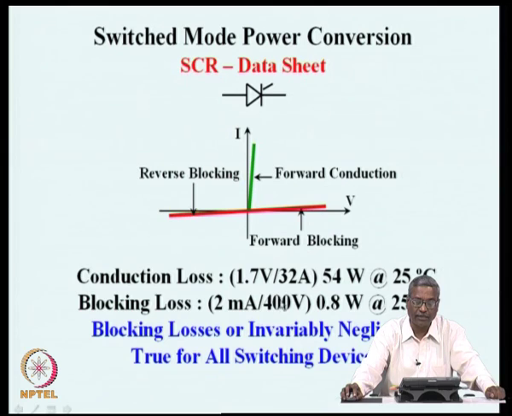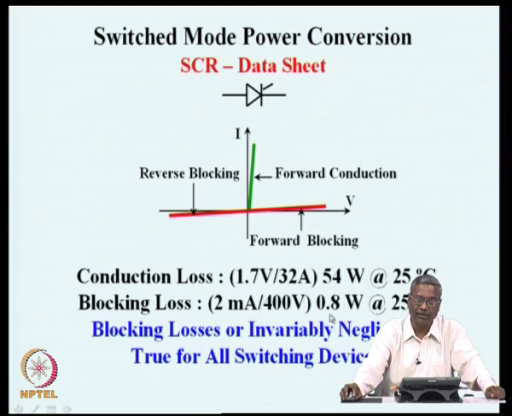But the power that can be switched is the product of full voltage and full current, 400 volts and 32 amperes, that is almost 12 kilowatt of power. On 12,000 watts, the dissipation is only 54, which is less than half of 1/100th, 1/200 times the power that can be transferred through this switch is what is lost in the switch itself during conduction.